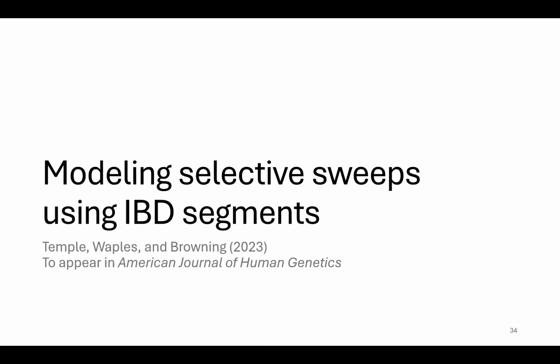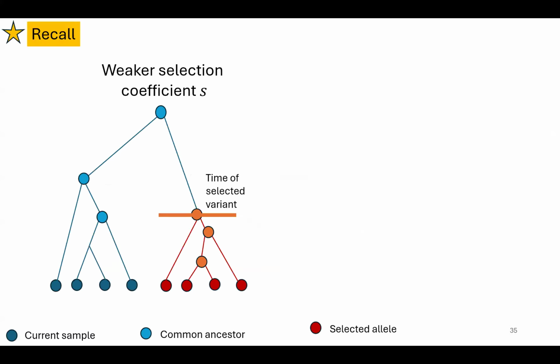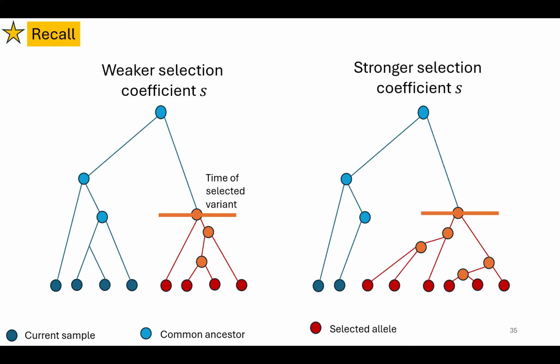Just a brief review of our work modeling selective sweeps using identity by descent segments. This was a preprint, and it should appear in the American Journal of Human Genetics very soon under this same name. So recall, we have our coalescent under selection. On the left, we'll have, say, a weaker selection coefficient, and holding the time of the selected variant constant.